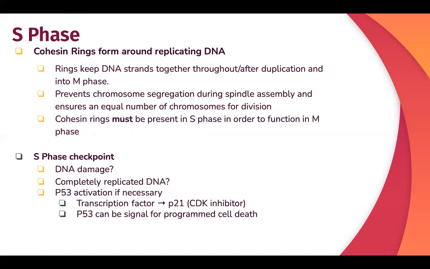And then there's also the S phase checkpoint, which is basically just checking if there is DNA damage, and whether all of the DNA is replicated completely. And if necessary, similar to before, the cell will be put into cell cycle arrest by P53, so that your cell cycle stops if needed.